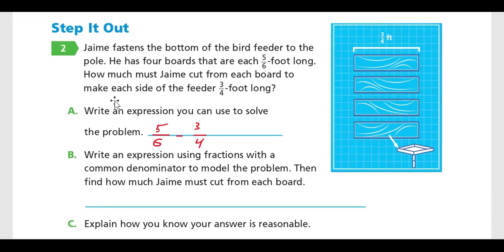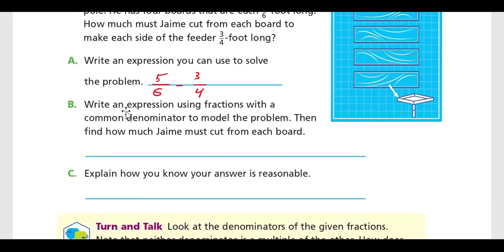So the common denominator, as we know, we have to write table 4 and table 6. Table 4 is 4, 8, 12, 16. Table 6 is 6, 12, 18, and so on.